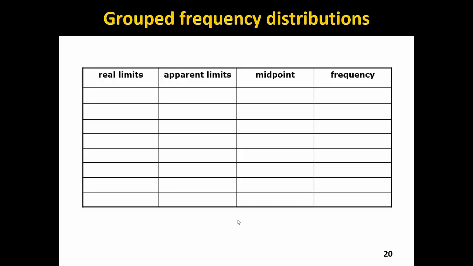So here we see part of our grouped frequency distribution. This is not the entire table, but I'm just going to highlight some points in terms of how to start populating the frequency distribution table. We're going to have a midpoint, and the midpoint value is the representation for the interval.